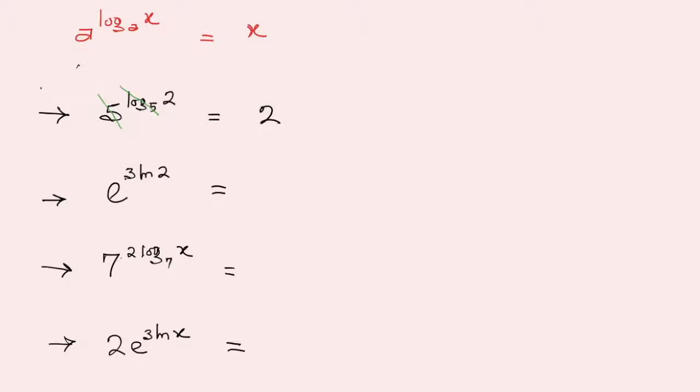In this case, we have to get rid of this 3 first, and by so doing, we'll use the previous law, which says that if we have log to the base a of x raised to power b, we have b log to the base a of x. So in this case, we can go from here to here.